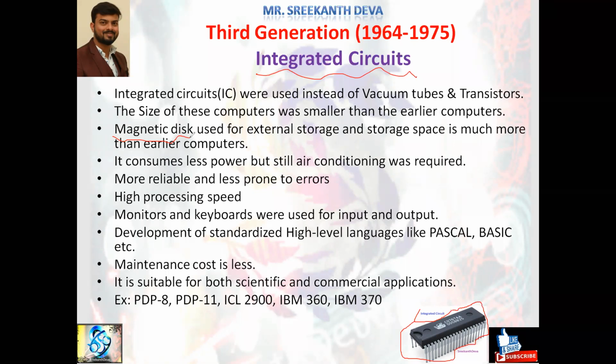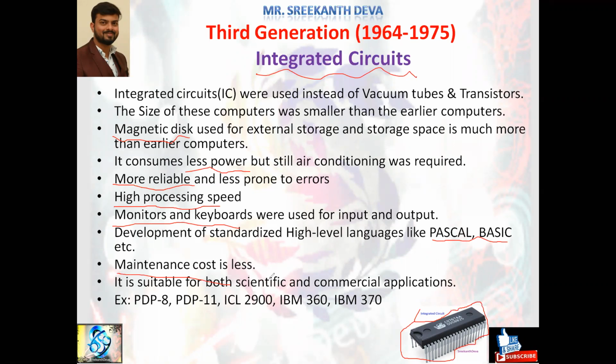The maintenance cost of these computers is very low compared to previous generation computers. They were general purpose machines suitable for both scientific and commercial applications. You need to remember some points here. They use less power, are more reliable, and have higher processing speed compared to previous generations. Input and output devices are improved, and high-level languages like Pascal and Basic were introduced.